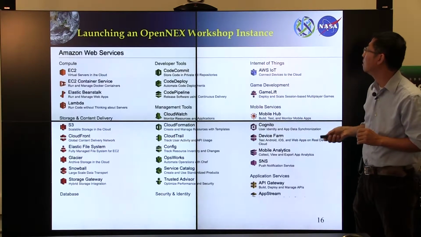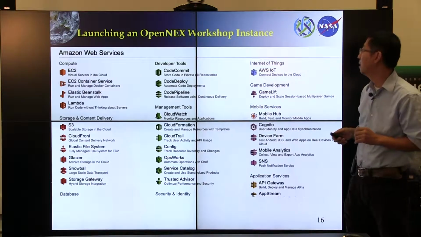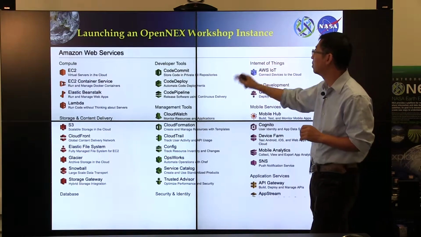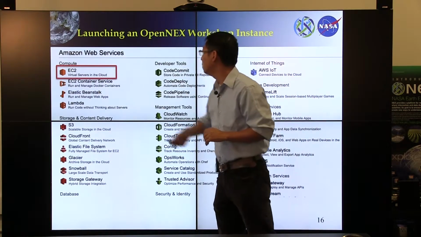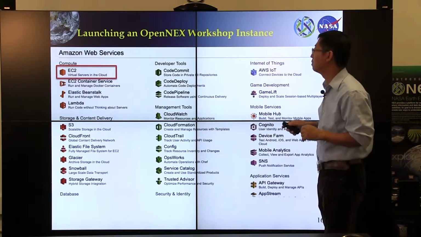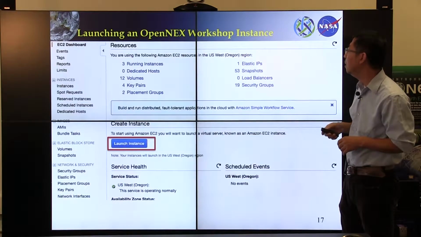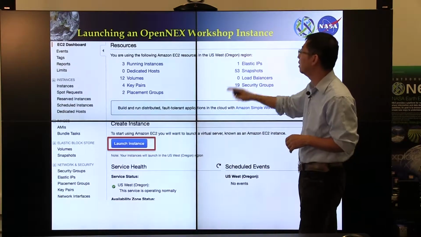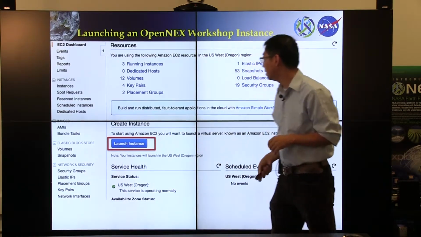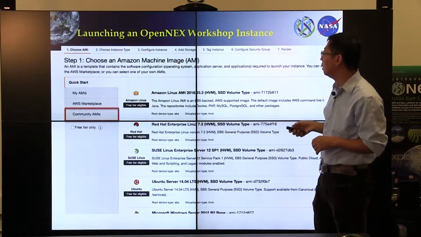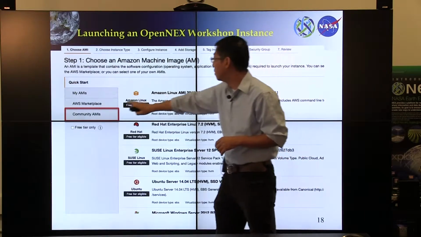All right. If you already have the account on AWS and you log in, this is what you get. I want you to go to the EC2, basically virtual servers. This is the EC2 Dashboard, and I want you to launch an instance based upon a community AMI.